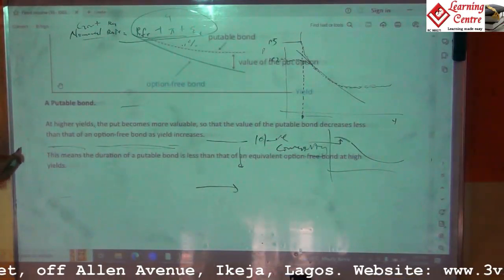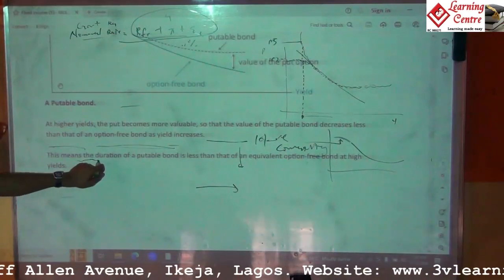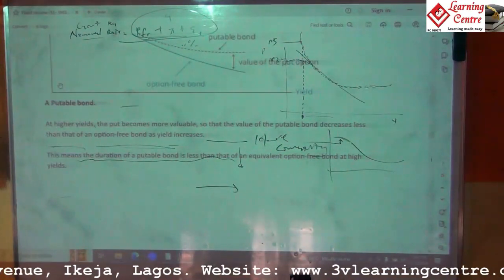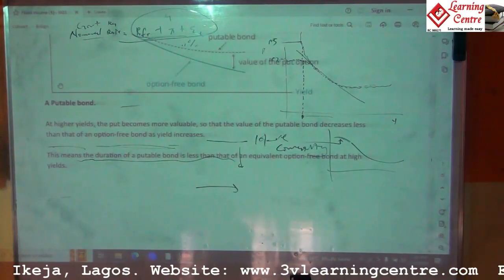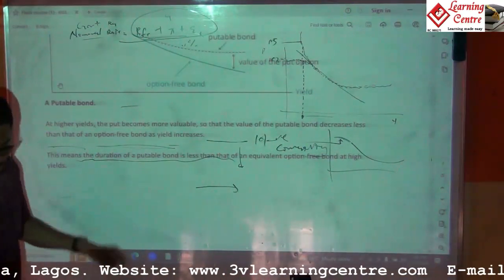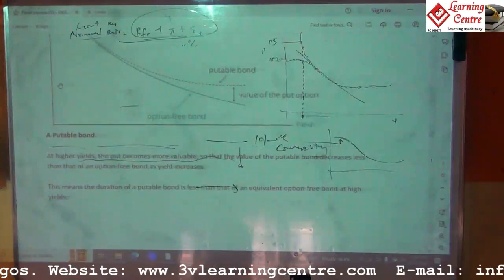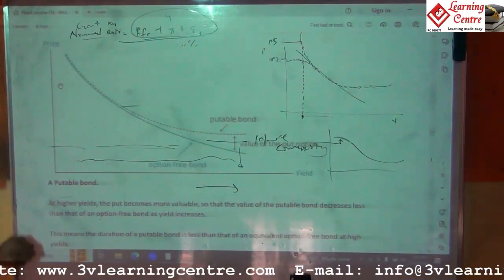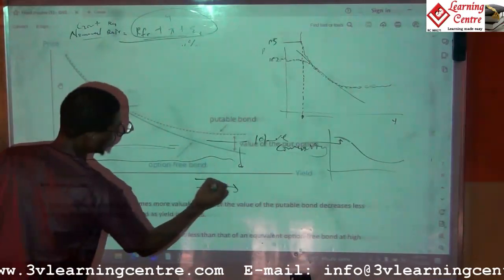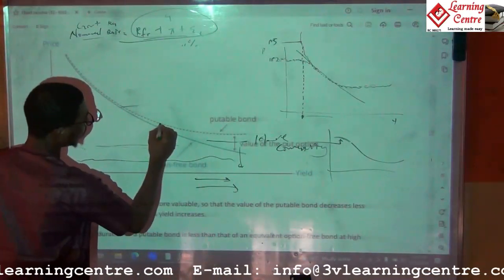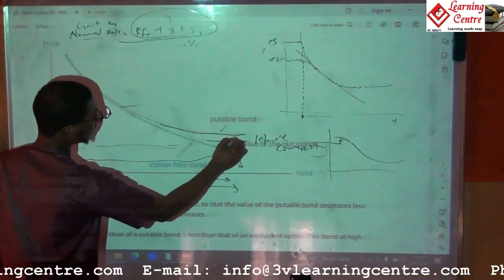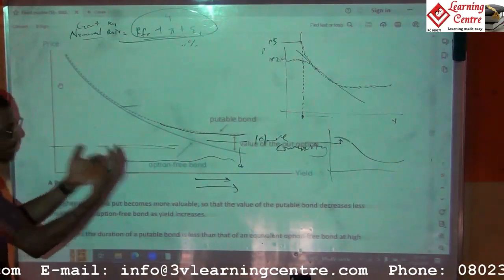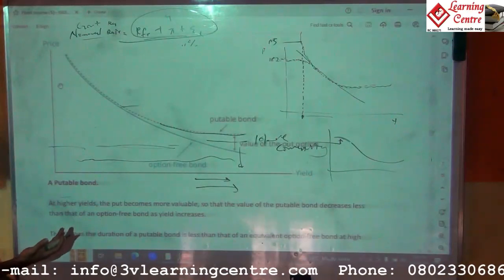Very important to note that the duration of the callable bond is less than the equivalent option-free bond. Why? Because as we approach this, no matter the sensitivity of the bond, let me change the yield. As we approach this, the bond becomes less sensitive to a change in yield because the price has been arrested.